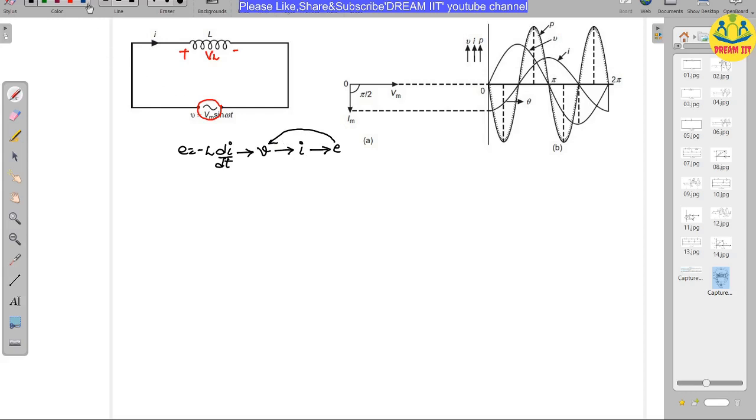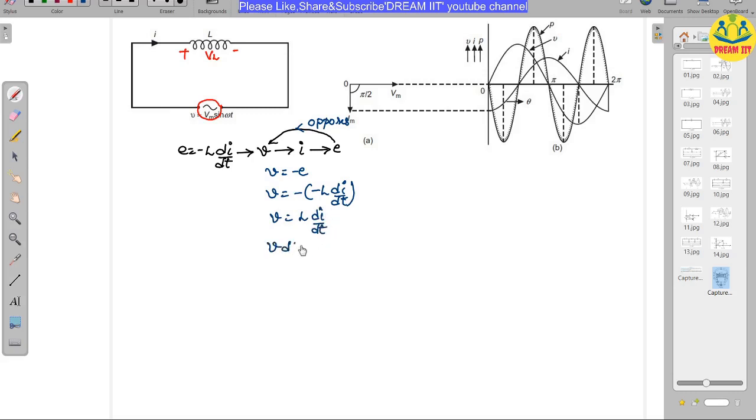So the induced EMF is always opposing, and this opposition is represented as minus E. So the applied voltage we can write as E, that is L into di by dt. So we can write V is equal to L into di by dt.